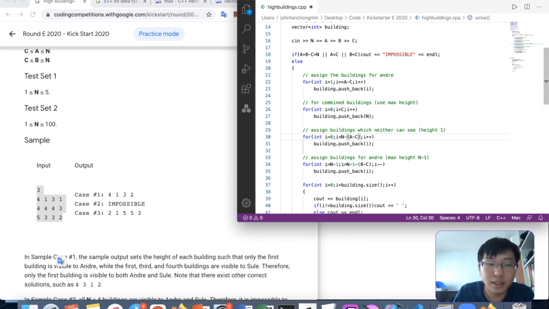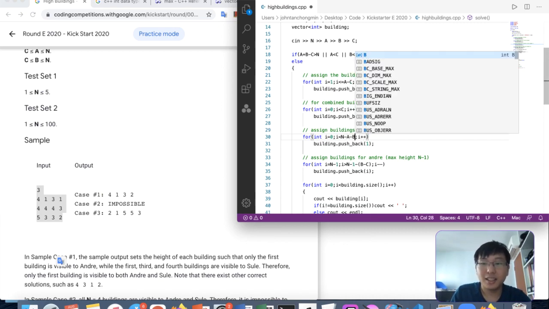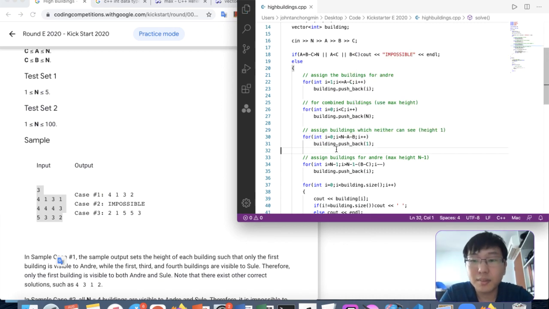N minus A minus C. Yeah, which will tell us what is the N minus A minus B. Is it? Or is it this one? A plus B minus C. That's the combined buildings, right?